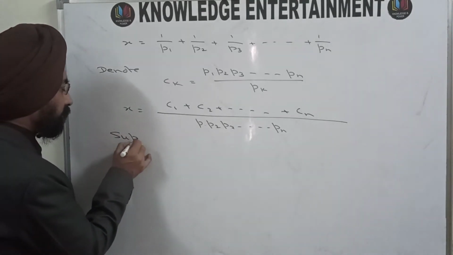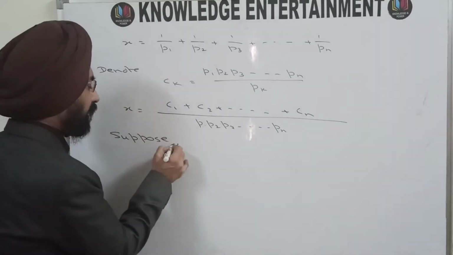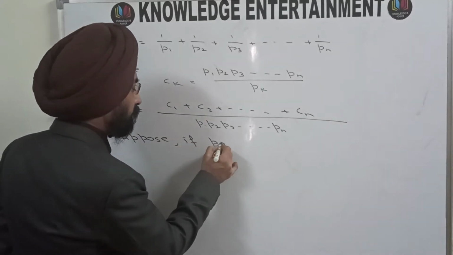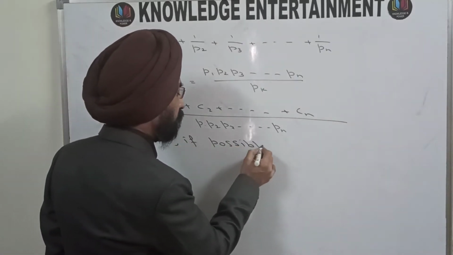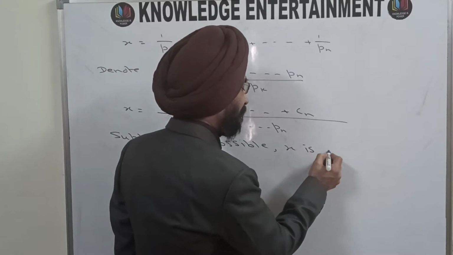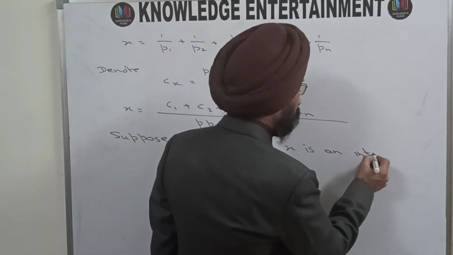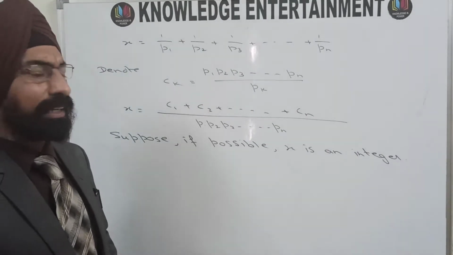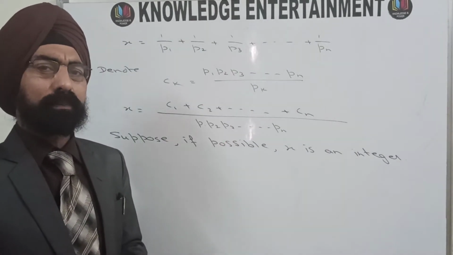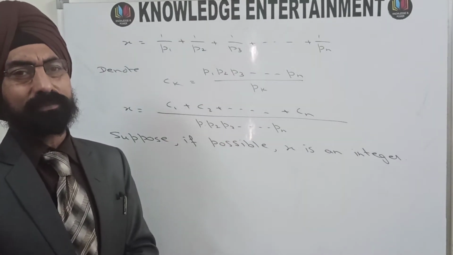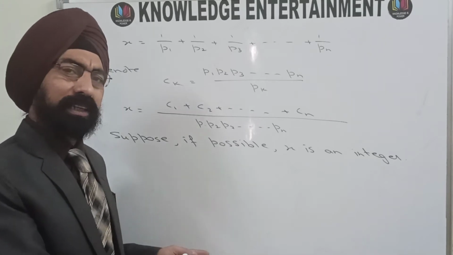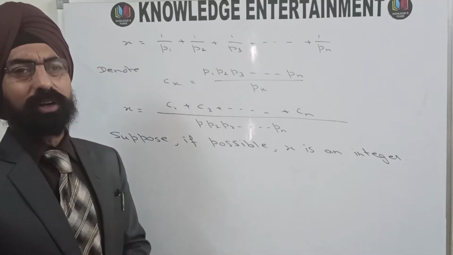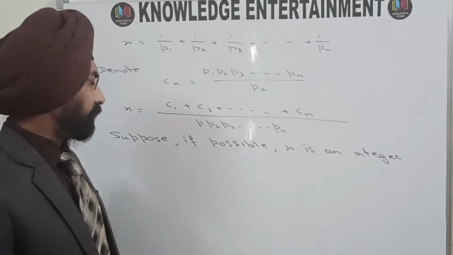Suppose, if possible, x is an integer. What we have to prove is that x is not an integer, and what we have supposed is that x is an integer. So what will happen? We will arrive at some contradiction, and some contradiction will give us that our supposition is wrong and hence x cannot be an integer.